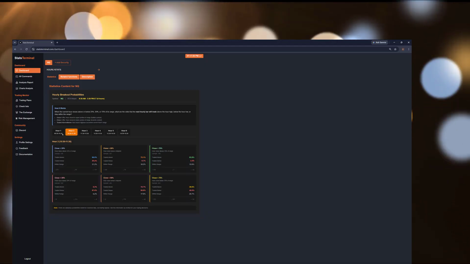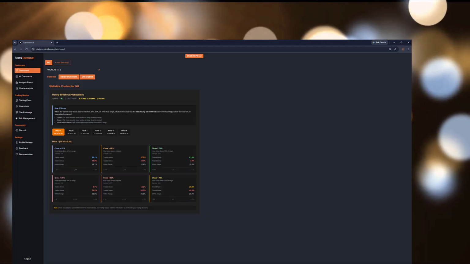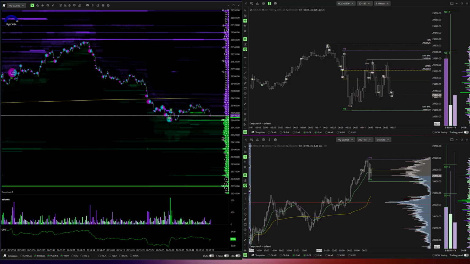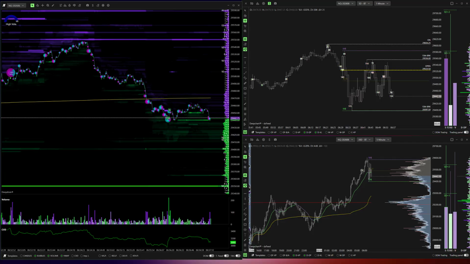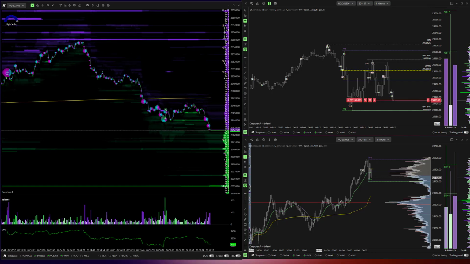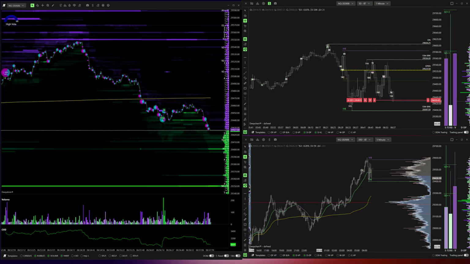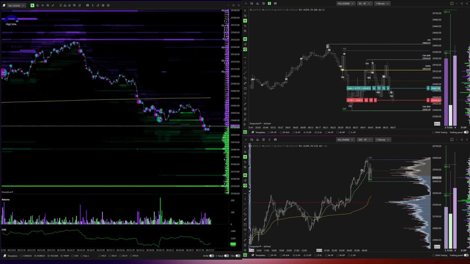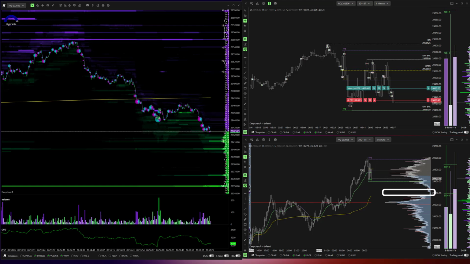One thing I always remind myself is that statistics don't predict the future. They simply help identify scenarios that may historically show an edge. For the first trade, my primary idea was to short below RTH Open and to target the low volume node, as you can see on the profile.